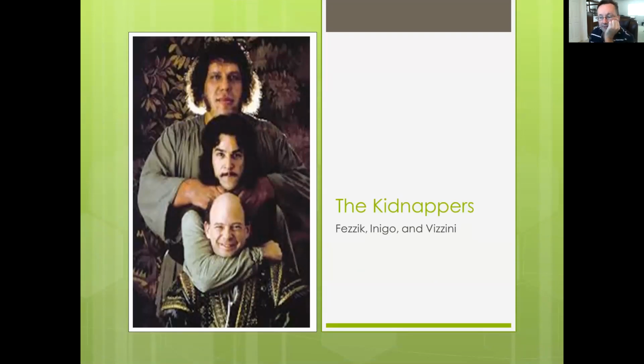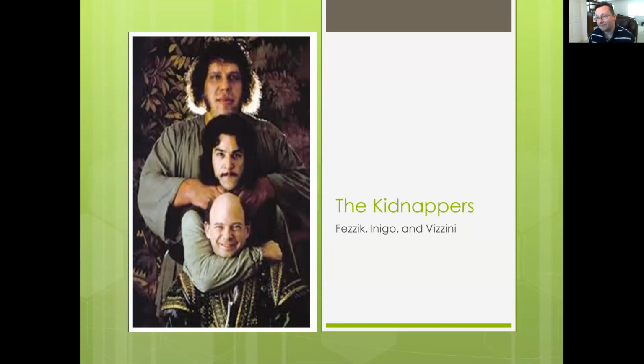The kidnappers, Fezzik, Inigo, and Vizzini, are all strikingly visually different, but also we learn that Fezzik and Inigo seem to also be in this scheme for money.